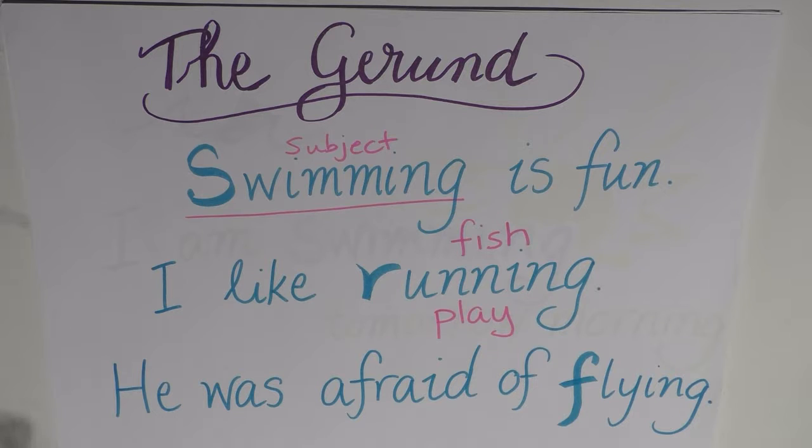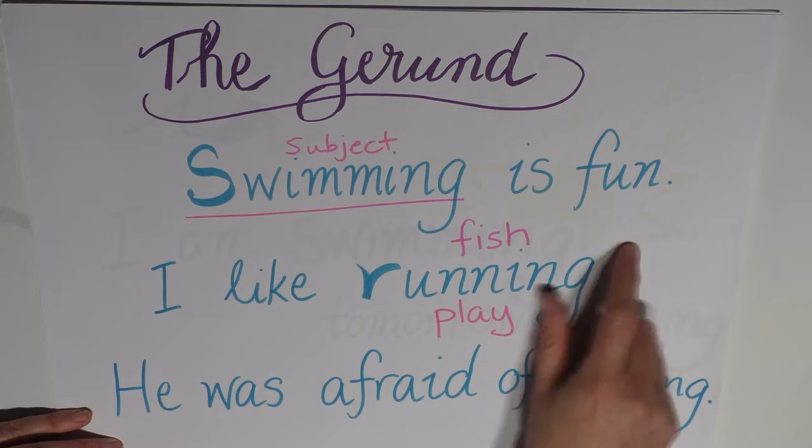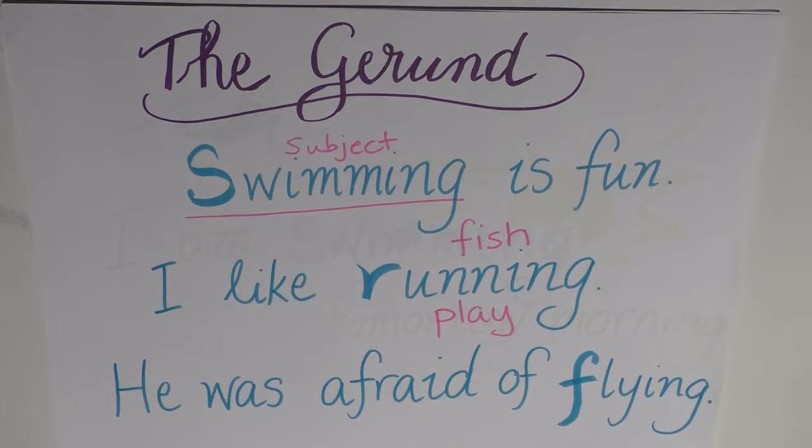So if I substitute the word running, I can only substitute it with a noun for it to make sense. And also that's because this is the direct object of the sentence, and the direct object of the sentence is never a verb. So in this situation, it looks like a verb, but in fact, it's not a verb, it's a noun.